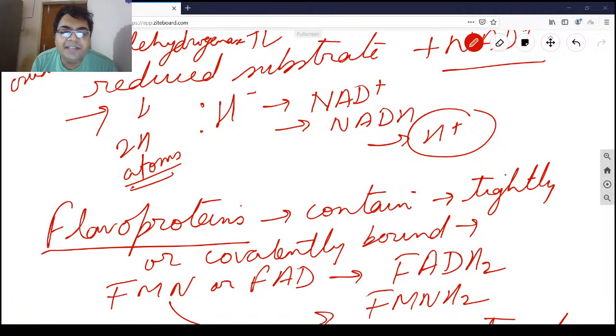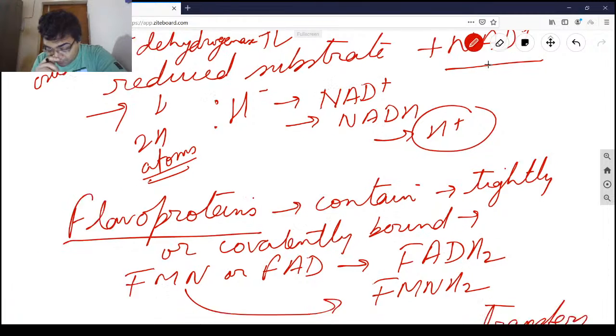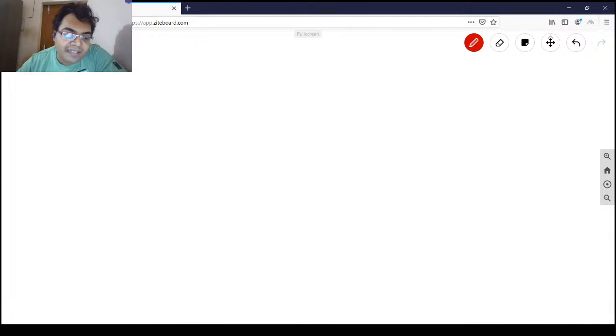Now after this, we will be talking about three other types of electron carrying molecules which function in the respiratory chain, or the electron transport system. Three other types, very important for any examination. In your school these three molecules can be directly asked because it is given in your book also.